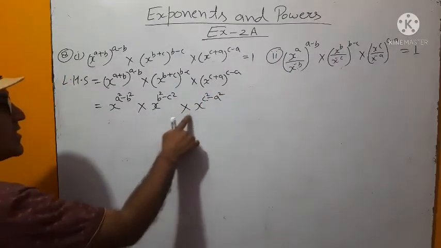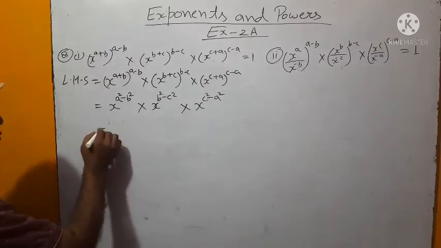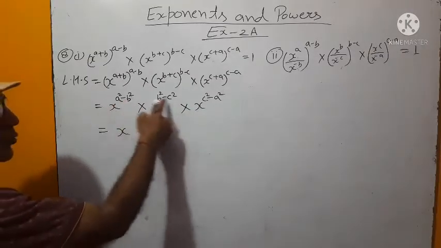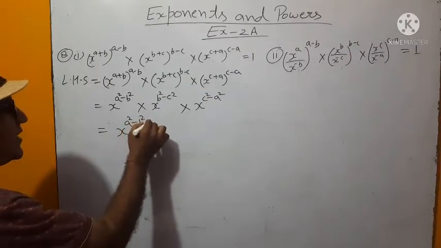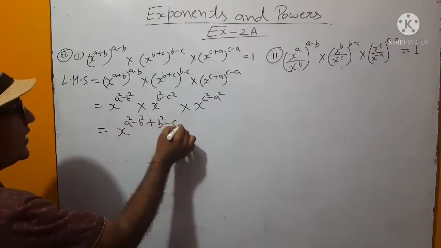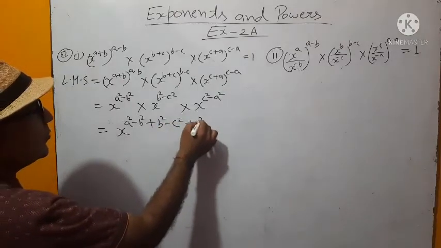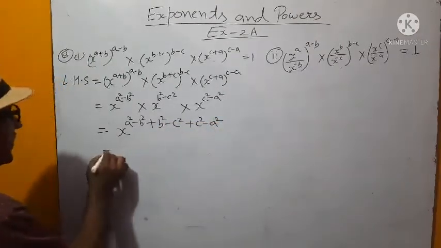Now bases are same and all are multiplied together, so exponents will be added: a square minus b square plus b square minus c square plus c square minus a square.